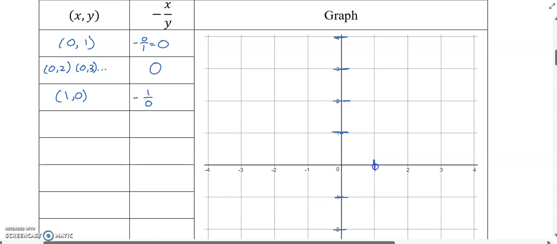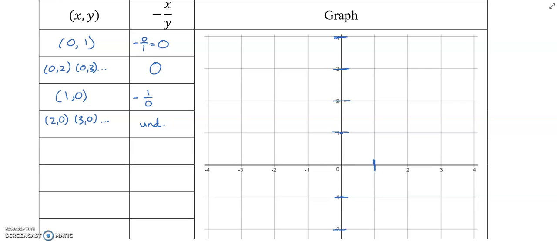And likewise, every other point, (2, 0), (3, 0), (4, 0), and (anything, 0), is still going to be undefined. So all of these points, and off to the left at (negative 1, 0), are going to have vertical tangent lines.